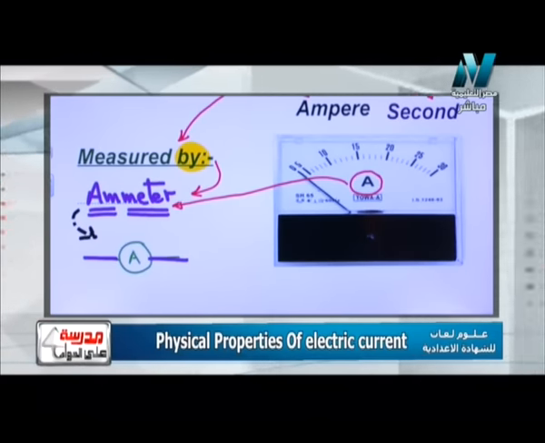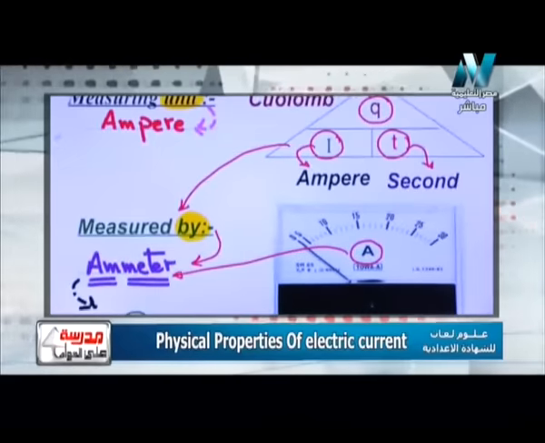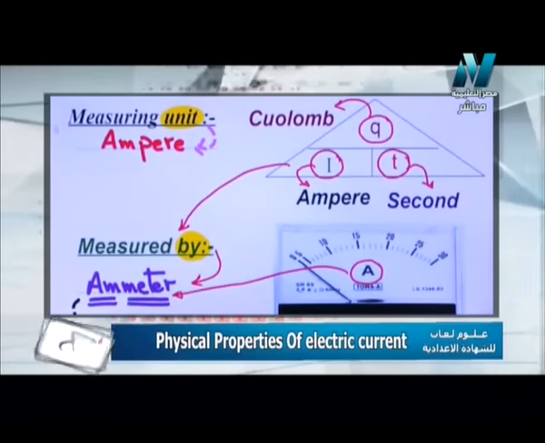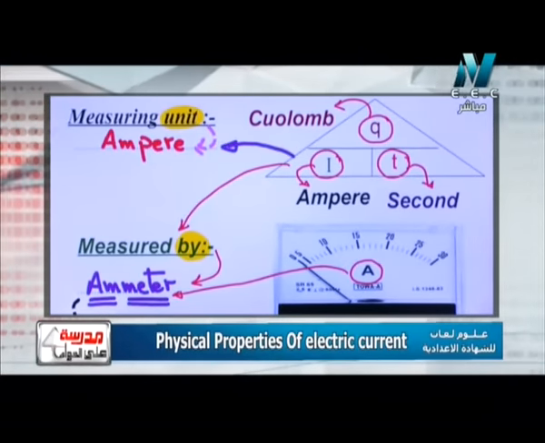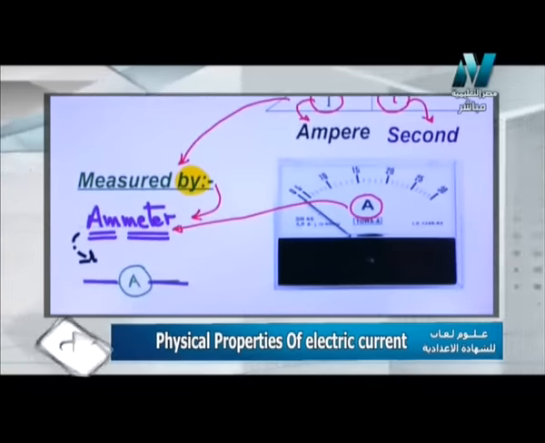So we know the measuring unit of the electric current intensity is ampere, and electric current intensity is measured by an ammeter.